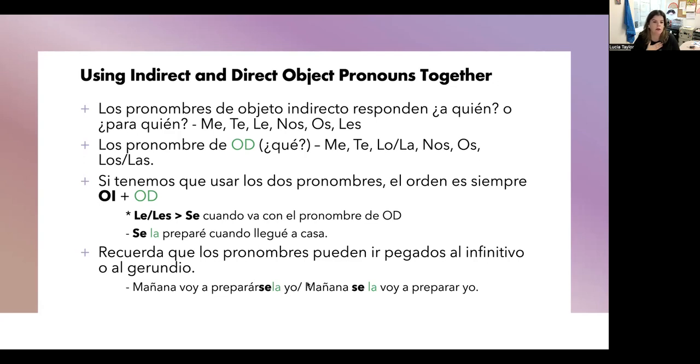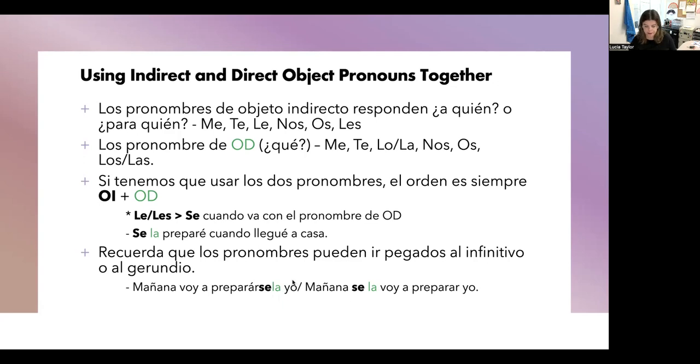So tomorrow I will be preparing it myself, or mañana voy a preparársela yo. And we're back into the it's up to you situation. You can decide where to place those pronouns, attached to the non-conjugated form or before the conjugated form, but the order of the pronouns is always going to be the same. Indirect object plus direct object pronouns.